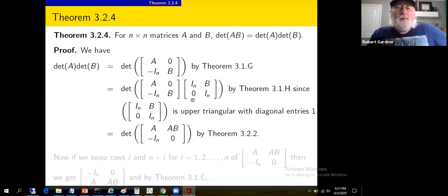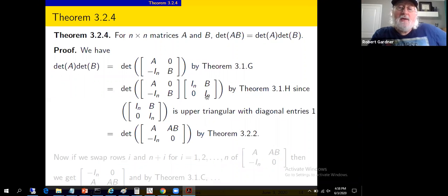Okay, we're going to take this and multiply it by an upper triangular matrix. All right, this really is upper triangular. Along the diagonals, we've got an n by n matrix here, n by n matrix here. Notice B is n by n, so there are no holes. That zero matrix must be an n by n matrix of zeros. But what we've got is ones along the diagonal, because these are identity matrices.